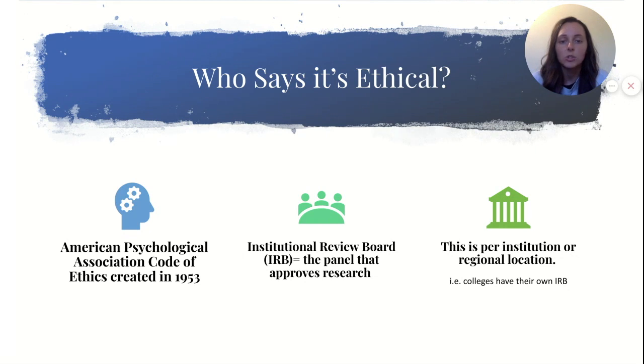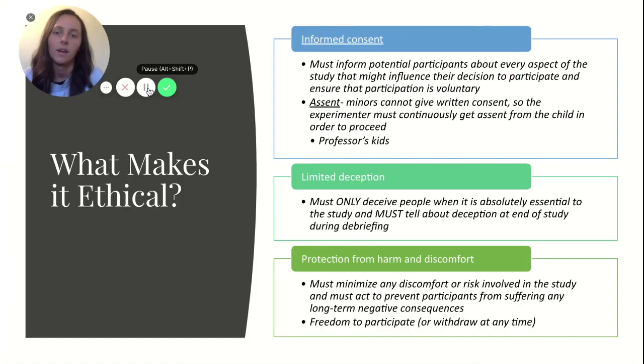Well, that's where you have institutional review boards, or IRBs. They are panels of people that approve or don't allow certain topics or things to be researched. So these can be found all over. Colleges have them, but they're going to be the ones that really decide what's ethical and what's not, and if you can research something or if you can't.